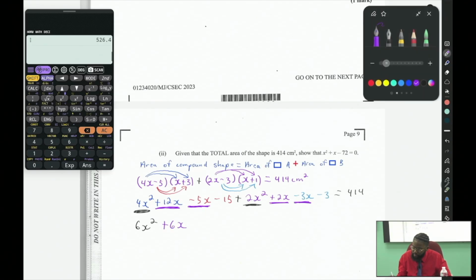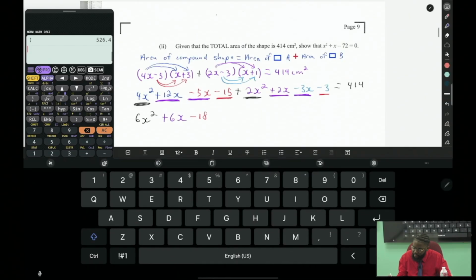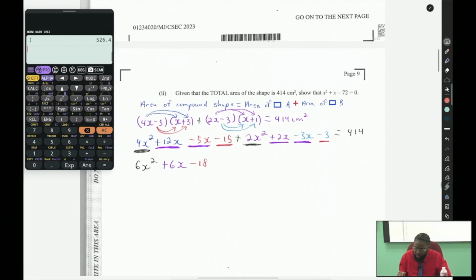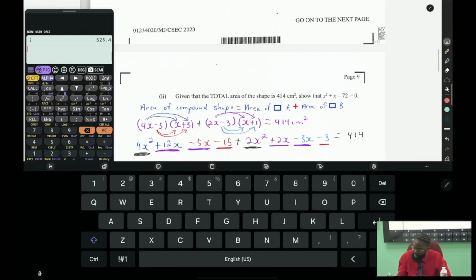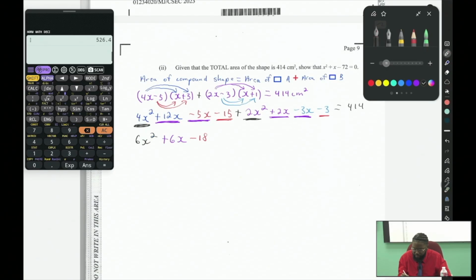And then now, last but not least, the constants, negative 15 and negative 3. So negative 15 minus 3 is going to give us negative 18. And all of this is equal to 414.